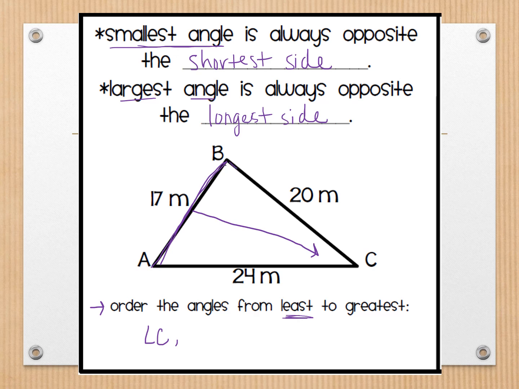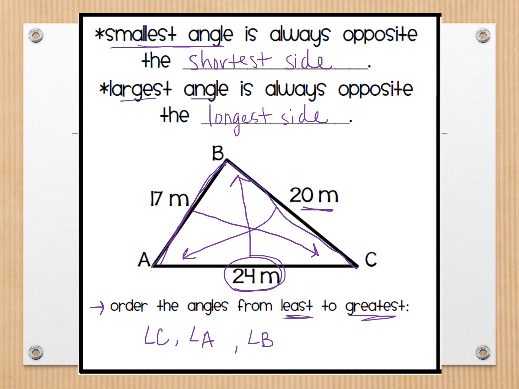The next shortest side would be BC because 17 would be my next number in line. So across from BC would be the angle A. Lastly, my greatest angle would be across from my largest side, and the largest side is 24, so that's AC. So the largest angle in this triangle would be angle B.